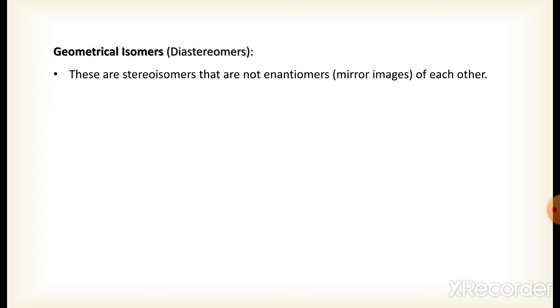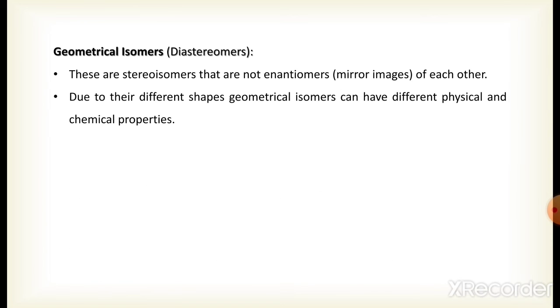In enantiomers or optical isomers, we have seen that the enantiomers are mirror images of each other, but geometrical isomers are also stereoisomers, but they are not mirror images of each other. Due to their different shapes, geometrical isomers can have different physical and chemical properties. Geometrical isomers are also known as cis-trans isomers.